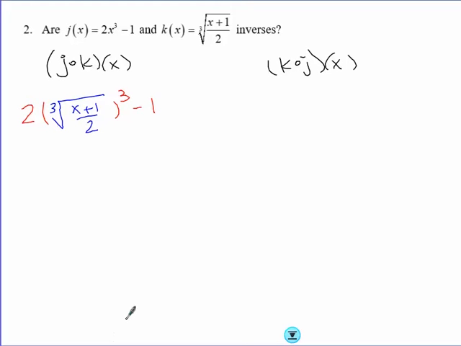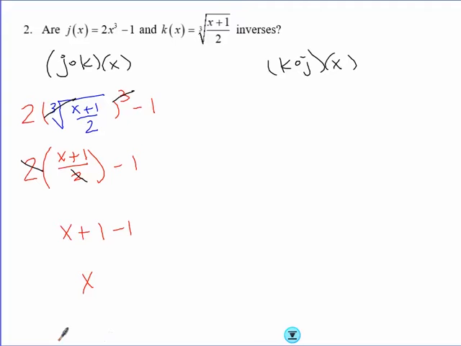You cannot just cancel things willy-nilly. You need to make sure you follow the order of operations. So the first thing we need to look at is the exponent. The cubed and the cube root will cancel out. So we have 2 times x plus 1 over 2 minus 1. Then if we multiply, the 2 and the 2 cancel out. We have x plus 1 minus 1, which equals x.